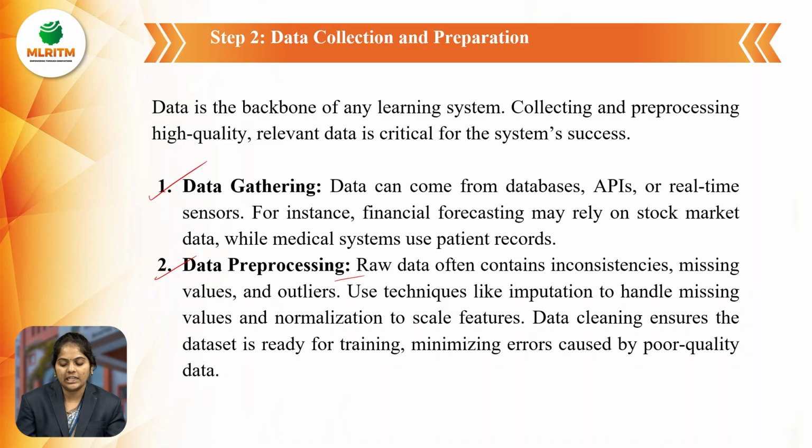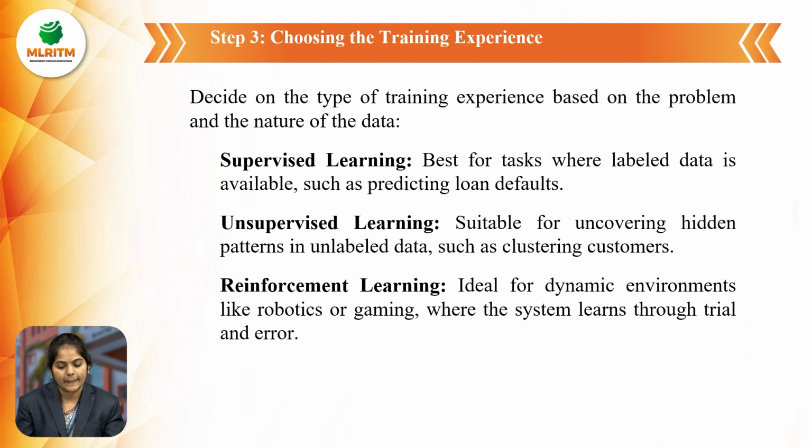Data cleaning ensures that the data set is ready for training, minimizing errors caused by poor quality data. So data will get gathered and we'll clean it by using some pre-processing steps. Once the data is clean, we'll use that quality data for the training purpose.